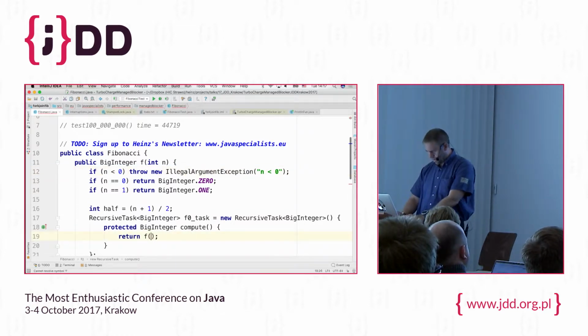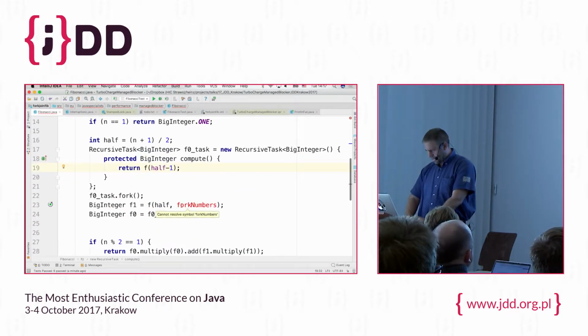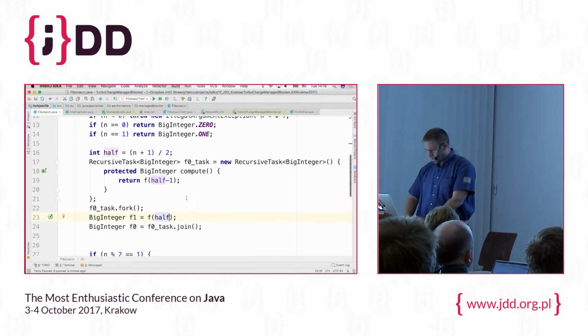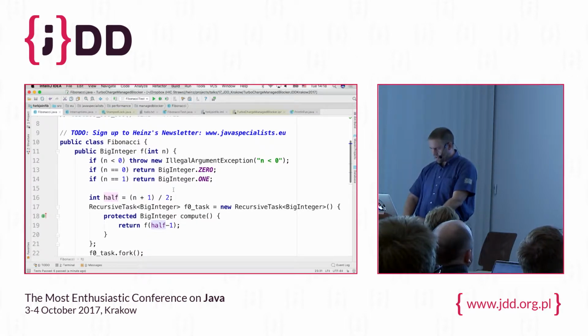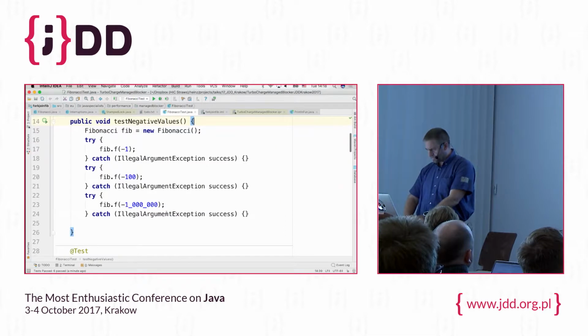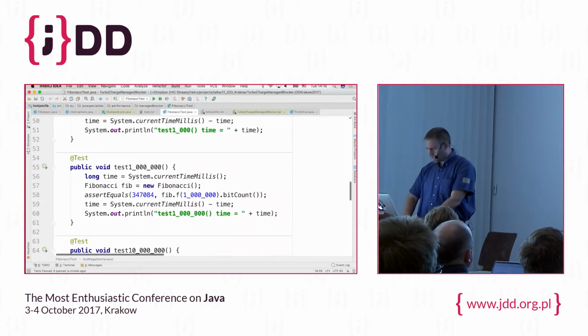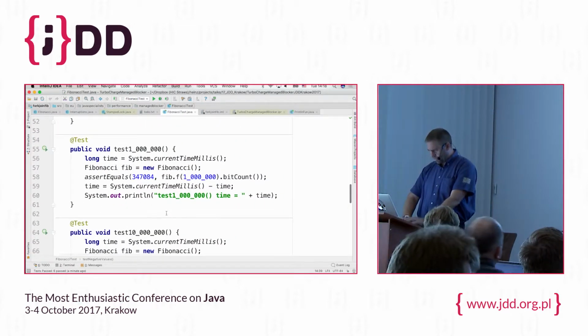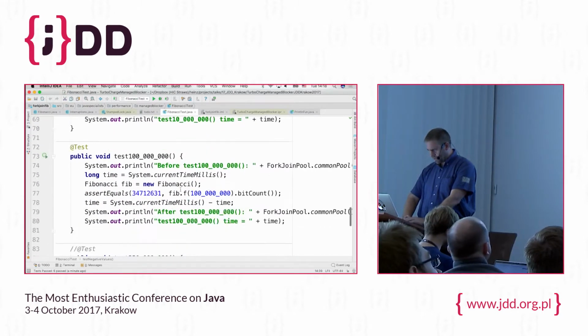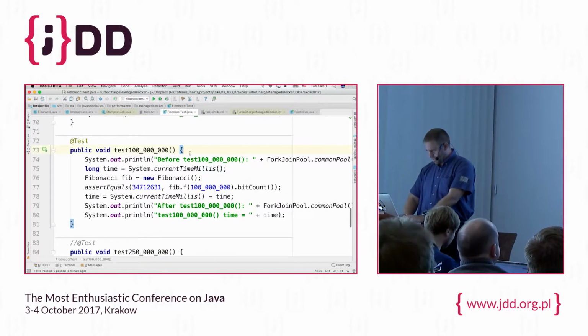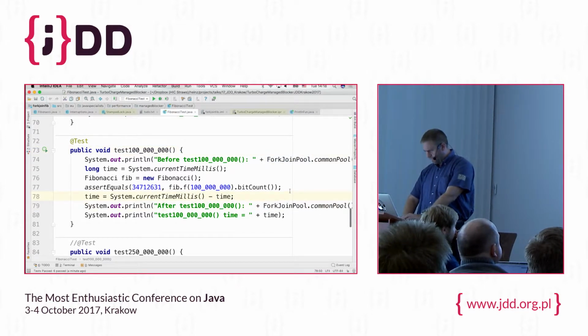And it's half minus 1 and half. So for this very big one, I'll print out the fork join pool before and afterwards, which is this one here. Actually, I've done it already. Here you can see the fork join pool, common pool, before and afterwards.